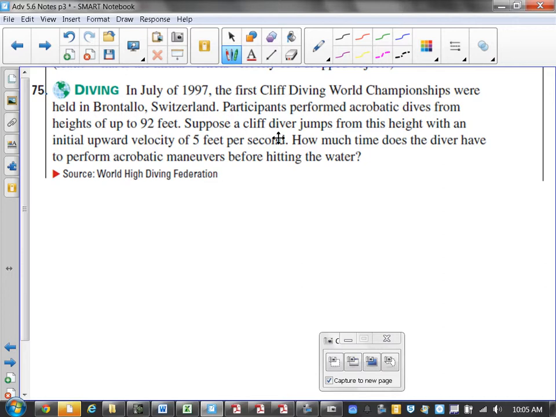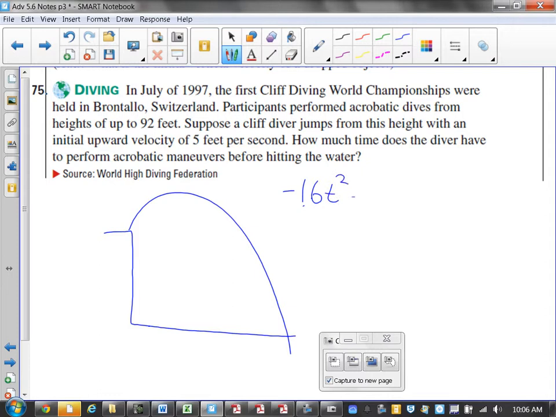Here's what I want you to think of. When you're talking about this diving problem, you have some guy up here, and he's jumping up, and he's jumping into the water. When he starts his jump, he's got an initial upward velocity of 5 feet per second. Now, all of these style problems use the same basic model: negative 16t squared plus the initial velocity times time plus your initial height.